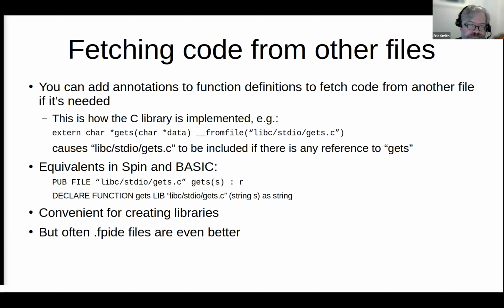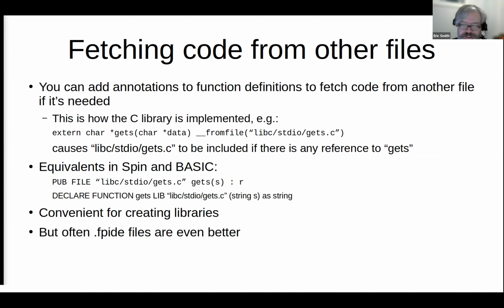And you can do the same thing in spin and basic. In spin, we say pub file and then the file name and then the function declaration. And in basic, it's a little bit awkward, but I've tried to use the same syntax that Microsoft used, which is declare function, the function name, and then lib and the file name, and then the rest of the function signature.